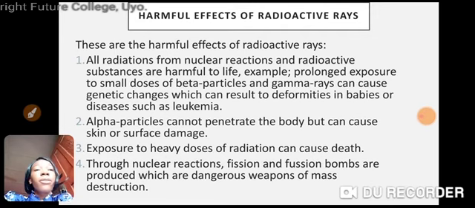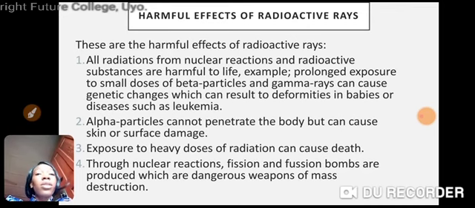All radiations from nuclear reactions and radioactive substances are harmful to life. Example, prolonged exposure to small doses of beta particles and gamma rays can cause genetic changes which can result in deformities in babies and diseases such as leukemia.